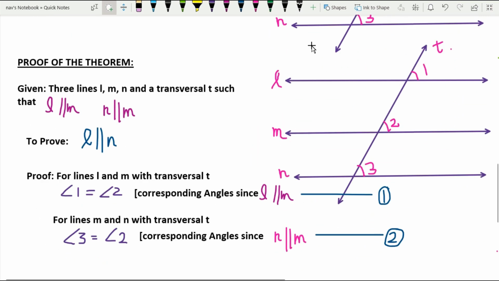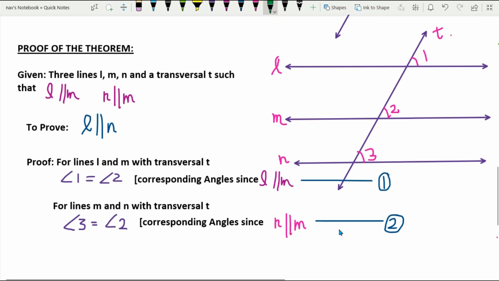Now for lines M and N with the same transversal T, M and N are parallel. So again corresponding angles are equal. Angle 3 will be equal to angle 2 because M is parallel to N. We will denote it as equation 2.